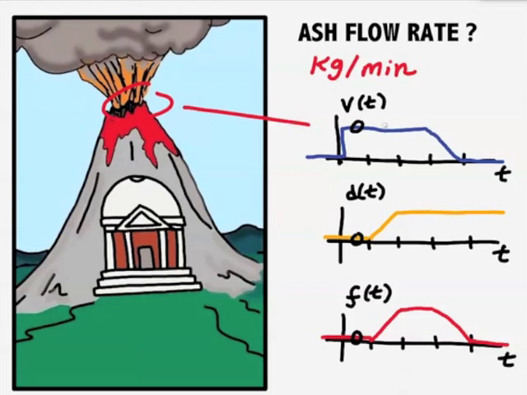And this is achieved simply by taking the values of V and D at each time, as I'm showing in the circles, and multiplying them together to get the values in the F of t graph. So it's just like adding, except it's multiplying. We just need to multiply the signal values at each and every time to find the new signal.